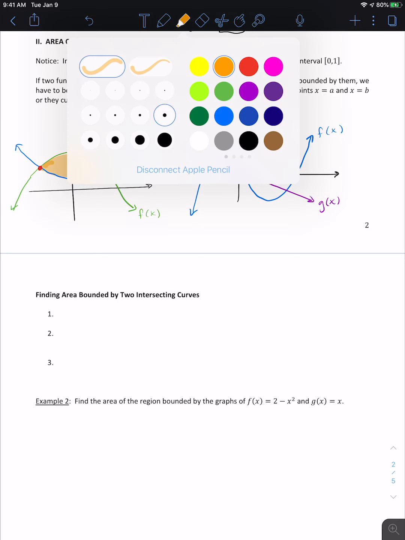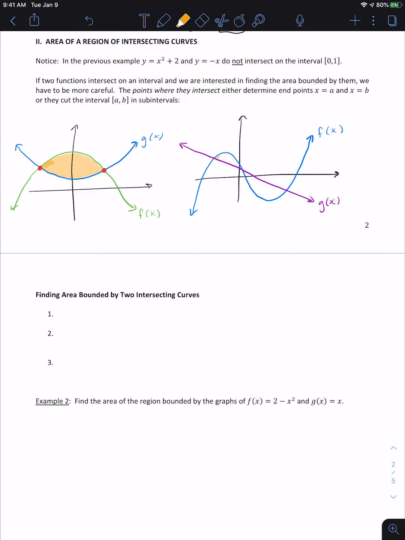Well, if you notice, if I ask you to find the area bounded by these two curves, this is part of the area bounded by those two curves, but also this is part of the area bounded by those two curves, right? And so these intersection points here, we have 3 of them.